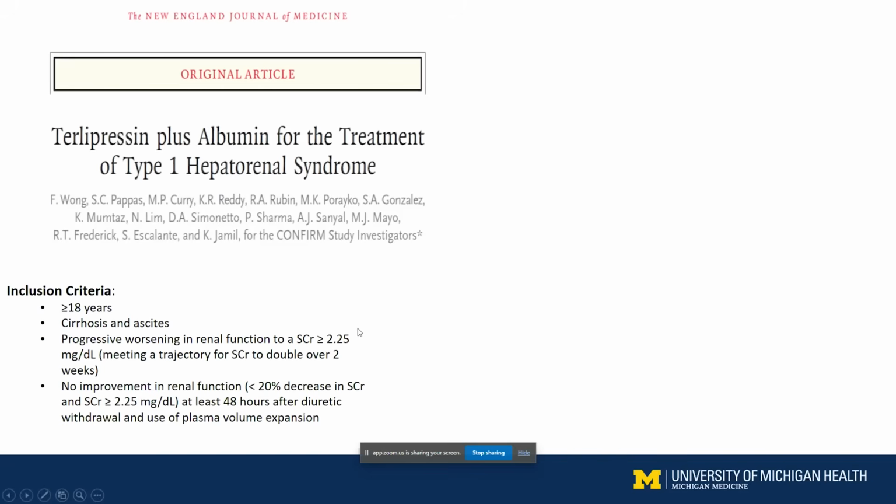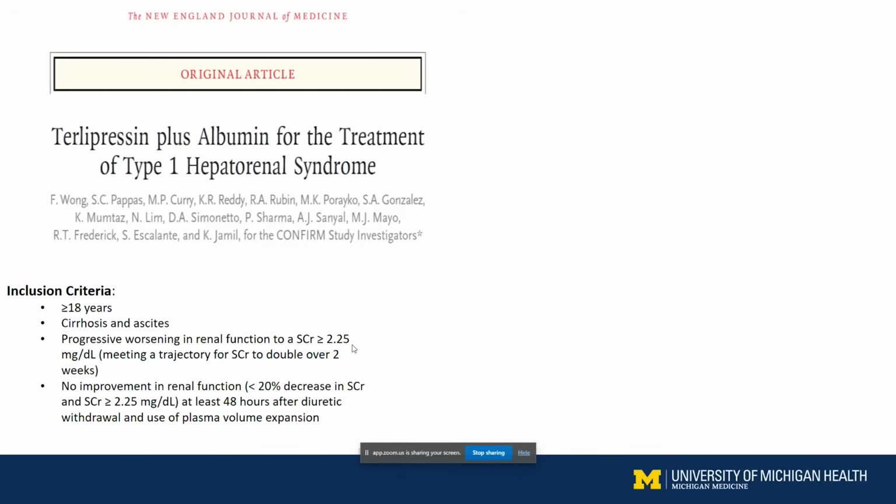In the previous studies, serum creatinine greater than 2.5 was the point of inclusion, whereas in this study, they reduced it to 2.25. This has implications: if you want to reverse the HRS, you have to start earlier rather than later.